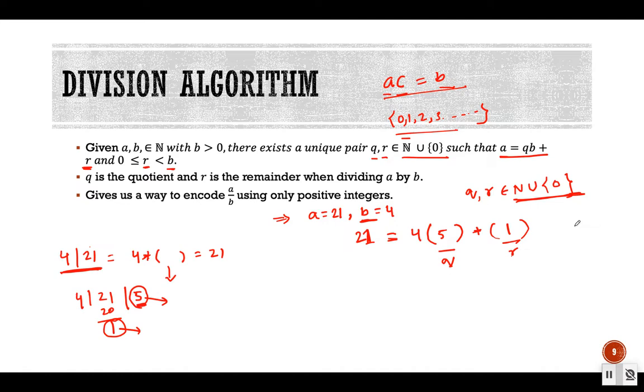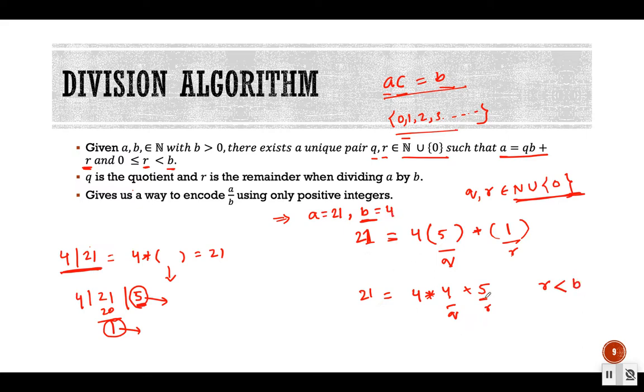Now let's see another example of how I can represent 21. What if I represent 21 as 4 times 4 plus 5? Still it's a valid statement: 4 times 4 is 16, plus 5 gives me 21, and it's the same formula. But it's not the correct representation, because the value r has to be less than the divisor.